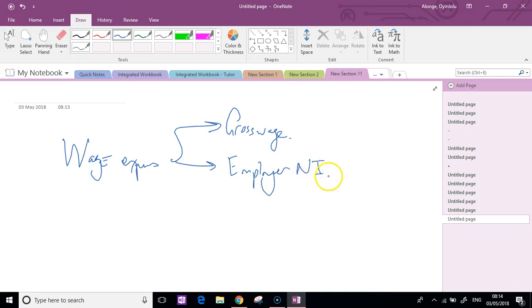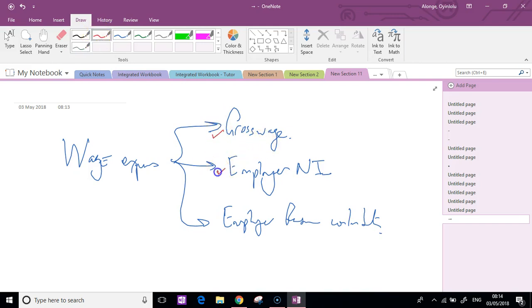So in the UK, businesses have to pay national insurance towards the healthcare of their employees and towards looking after them. Also, most businesses have a duty of pension care, long-term care. So most employers also pay an employer pension contribution towards their employees. These are the three main components of a wage expense, right? So just the week before, these are the three things they're going to be adding together.